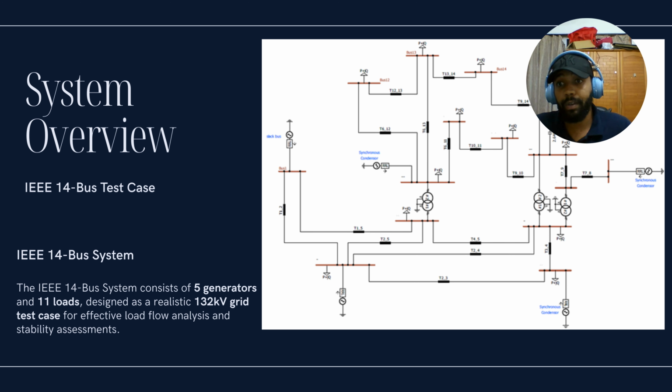Also, we have 11 loads, and we are considering the nominal voltage to be 132 kilovolt. This is actually a very good topology to test the voltage drops over long transmission lines. This is because this system has both generation heavy areas and also remote load centers. So it covers all the bases for the test.